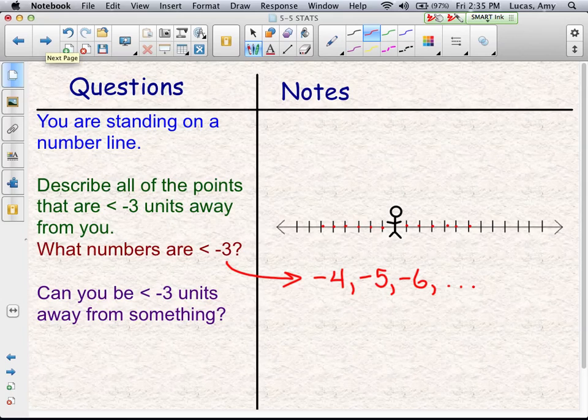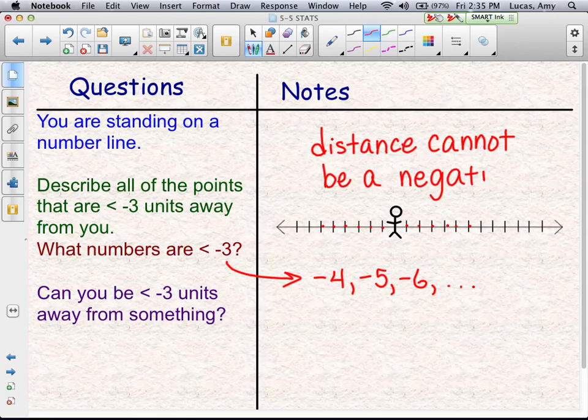No. Distance cannot be negative. When you measure distance, you use a ruler, a tape measure, or something else that's similar to those things. None of those objects for measuring distance have negative numbers on them. So distance cannot be a negative.